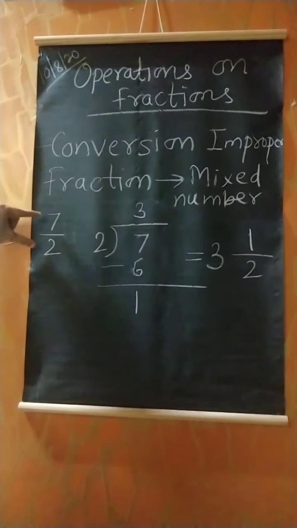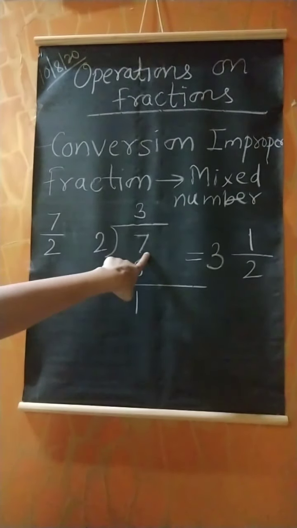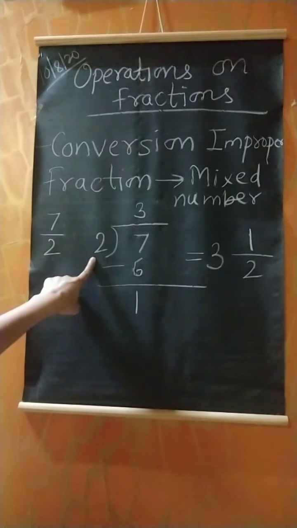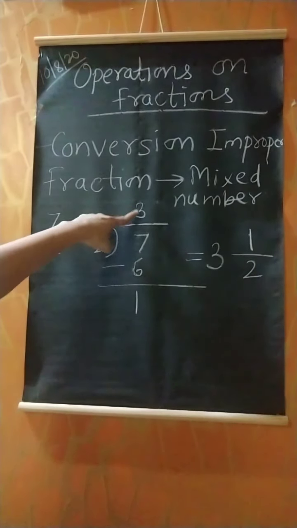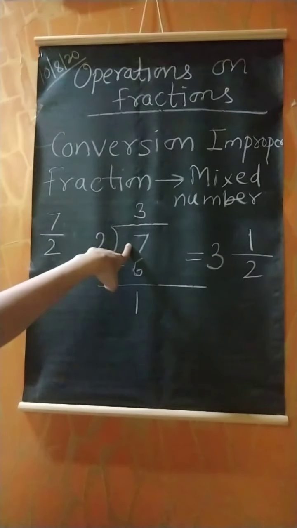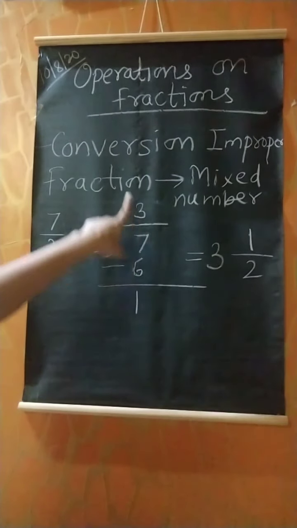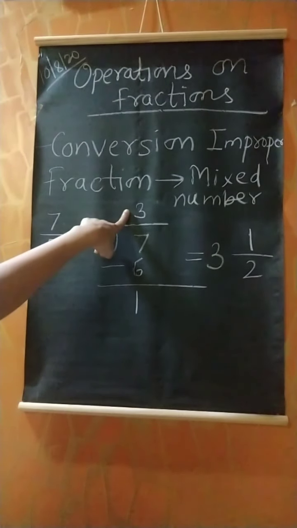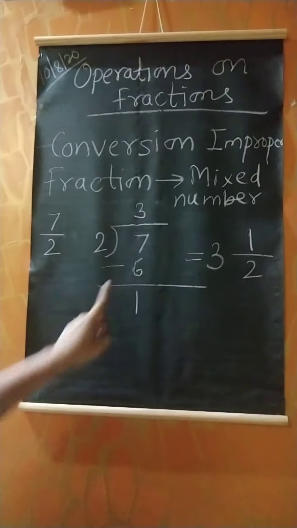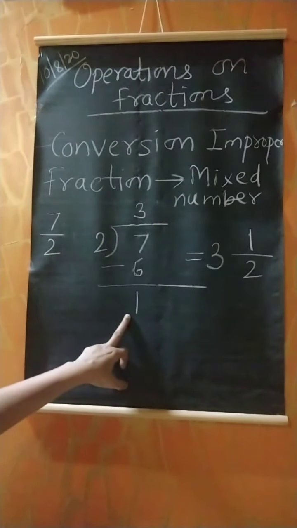See, whenever you are taking an improper fraction, that is 7 upon 2, 7 divided by 2. Now here the smaller number in 2's table is 6, so you are writing 6, which is on the place 3, and 7 minus 6, your answer is 1.